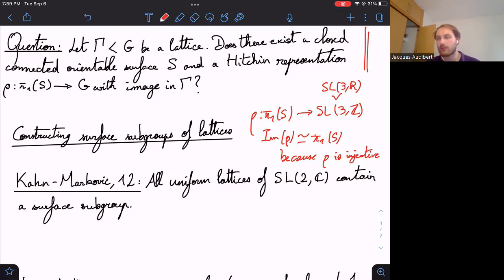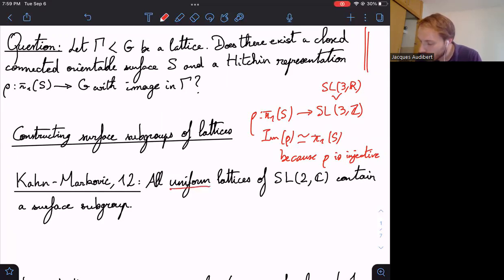And those are of particular interest for various reasons. One of the main reasons is that it is historically linked to topology conjectures. For example, in 2012, Kahn and Markovic, in their really famous paper, proved that all uniform lattices of SL2(C) contain a surface subgroup.